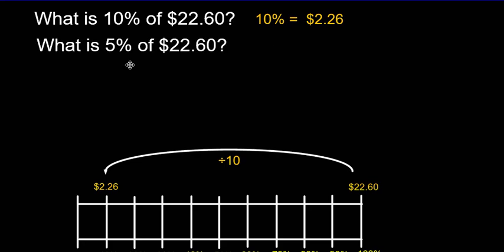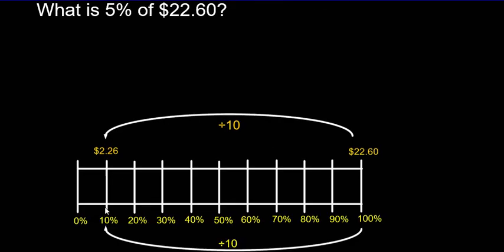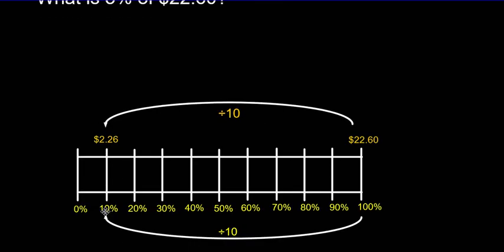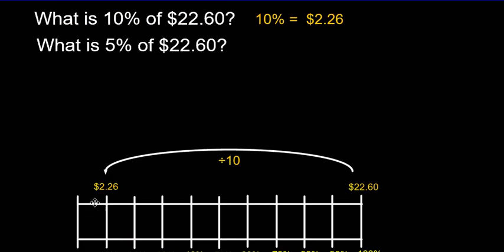What is 5%? That's right, you're just going to divide each of these values by 2. Since half of 10% is 5%, then we can take half of $2.26 to get the corresponding value there. And we get 5% equals $1.13.